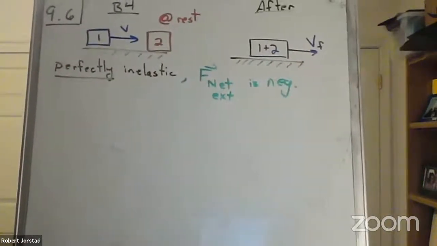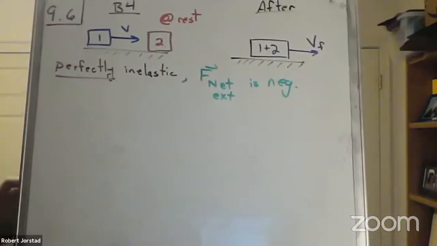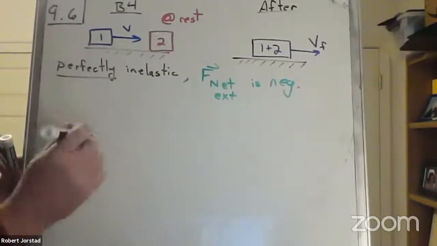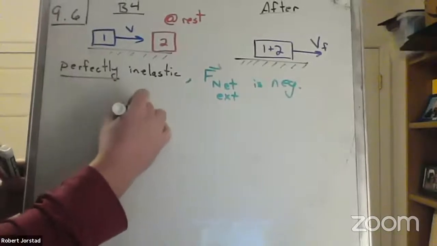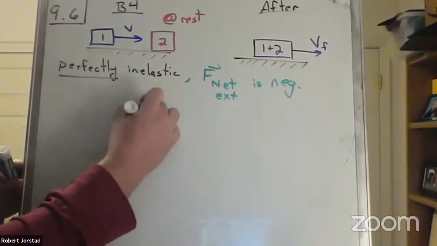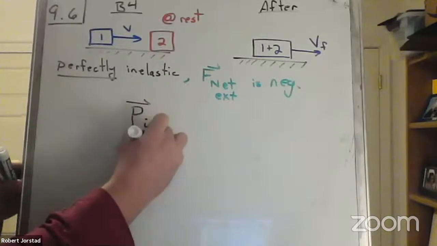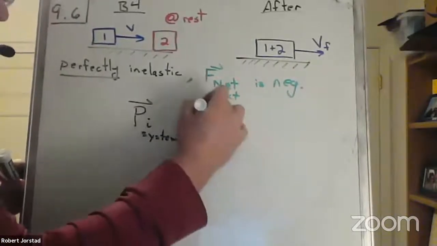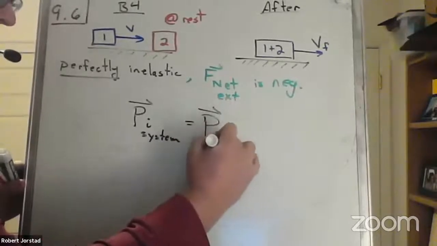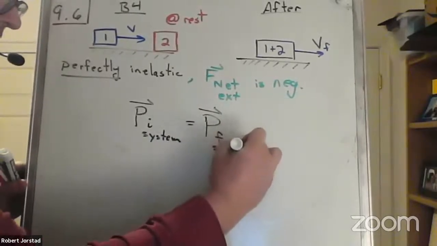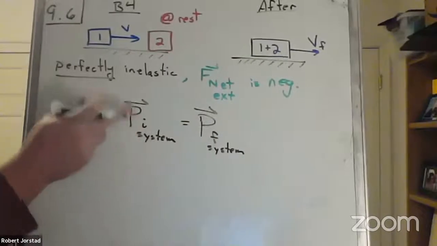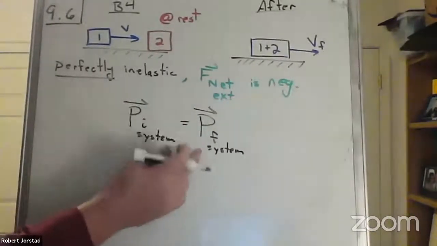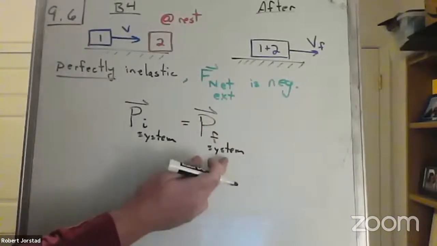That allows us to do the following. Now, I'm going to go a little bit slow here just to show you where everything comes from, but I think it's worth following along. Because the external forces are negligible, we could say the initial momentum of the system as a vector is equal to the final momentum of the system as a vector.